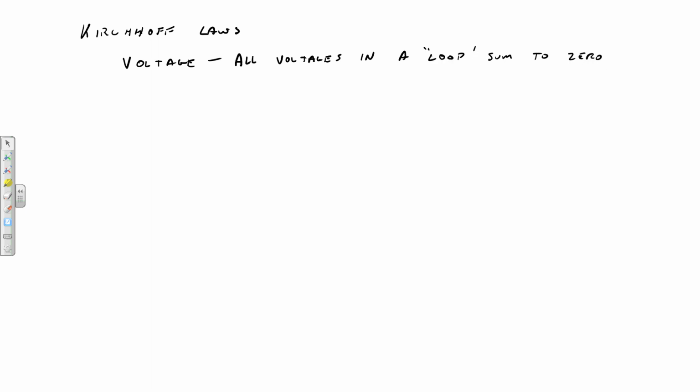And a loop is just a full rotation around a circuit diagram. Sum to 0. And for current, all currents at a node, which is just a fancy word for a point on the diagram where things come together, sum to 0.